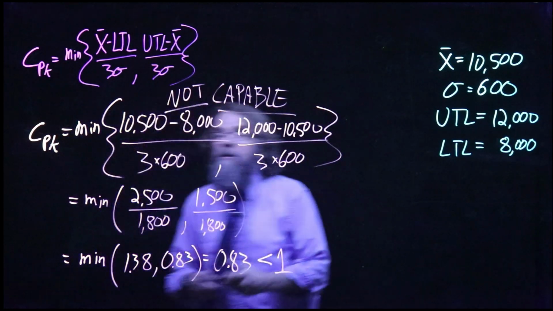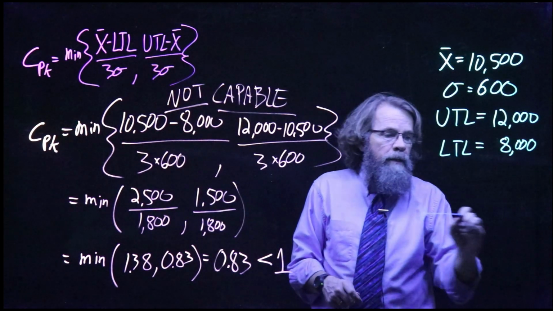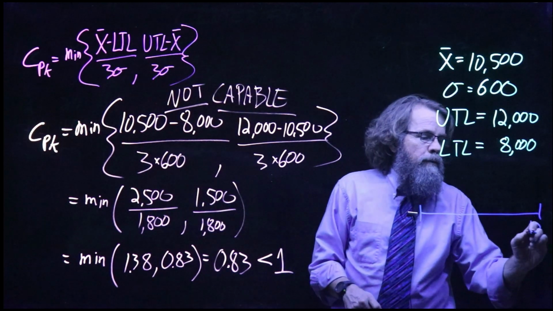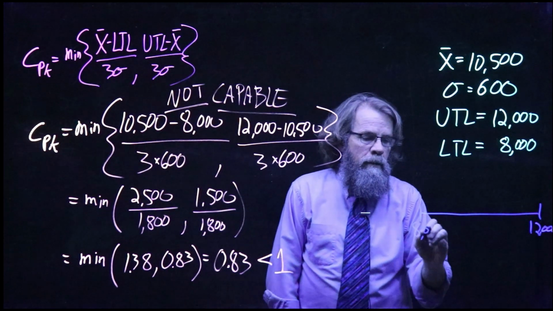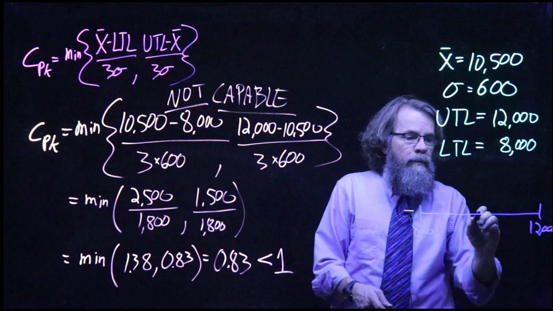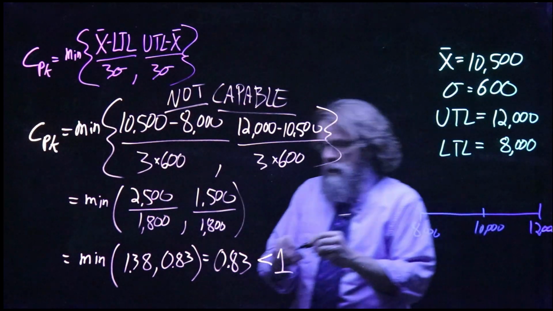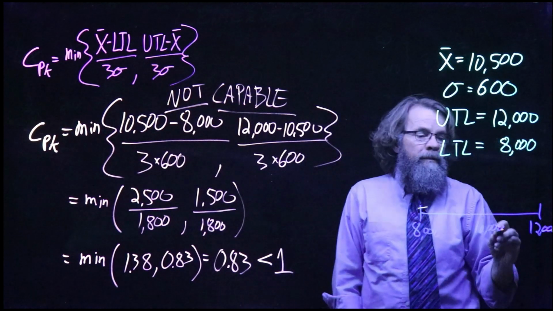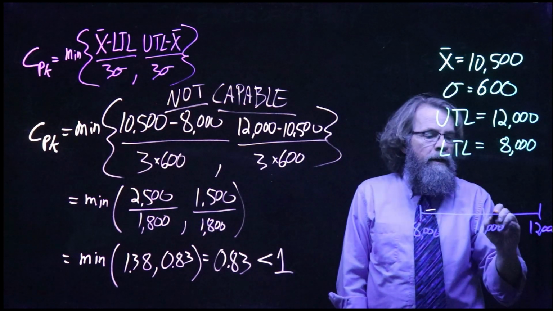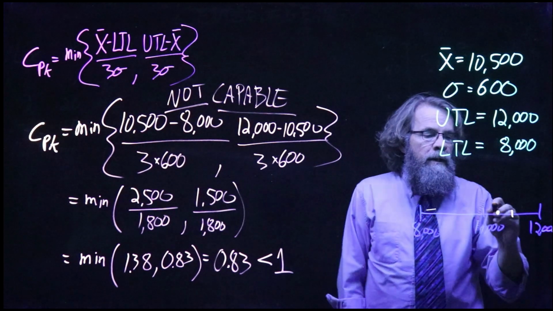If you want a picture of what's going on here, our tolerance limits are at 12,000 and at 8,000. And so the middle of that would be obviously 10,000. And in our case, the average is 10,500, so it's right there.